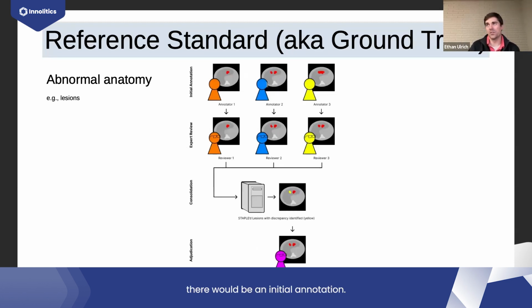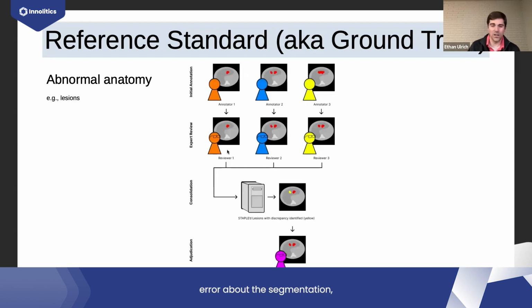The method here is that there would be an initial annotation. These would be annotators that are not top experts in their field. I would say they could even be annotators from outside the US who would produce the initial segmentation. That segmentation is given to a US radiologist who has a bit more experience and would approve the segmentation.